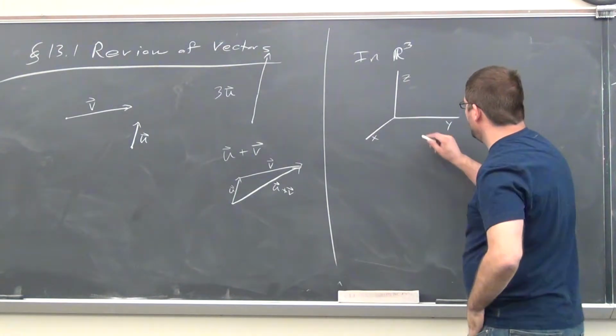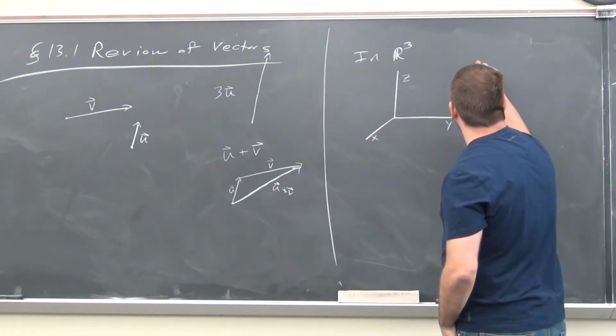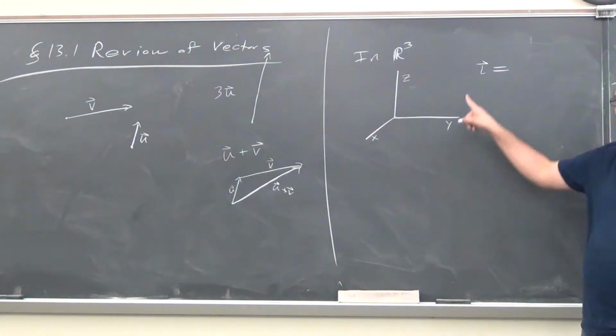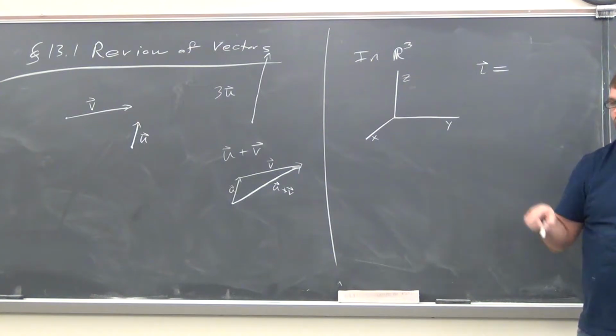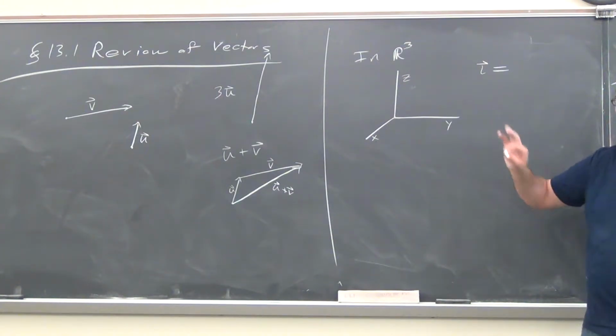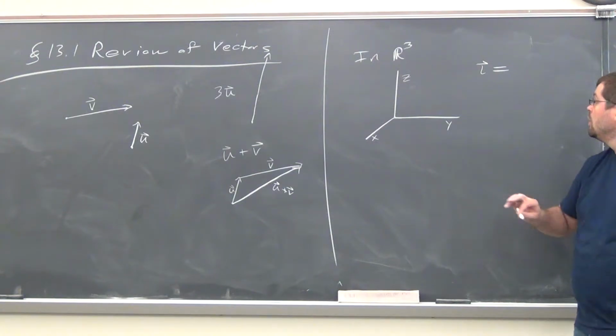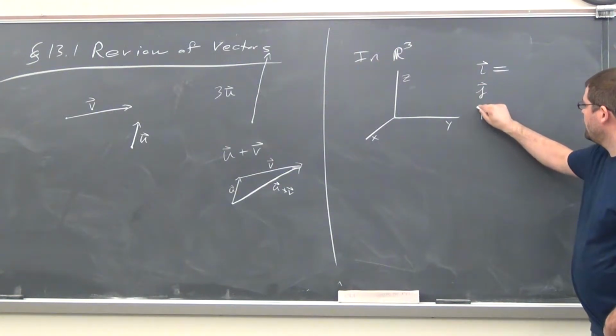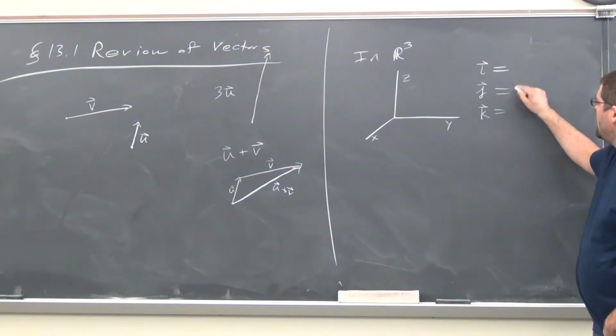So here's our setup. What is i as a vector? We draw vectors with little arrows over them. The book will draw them as bold vectors, but it's hard to draw something bold on the board, so I'll always draw arrows over them. So what's the vector i, the vector j, the vector k?